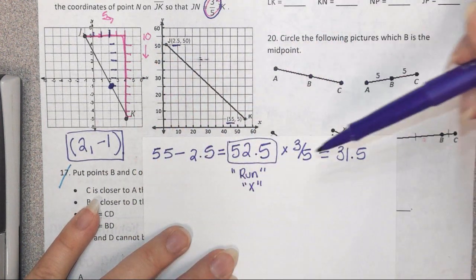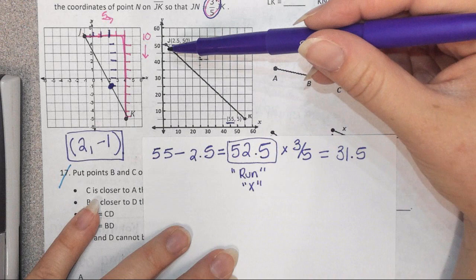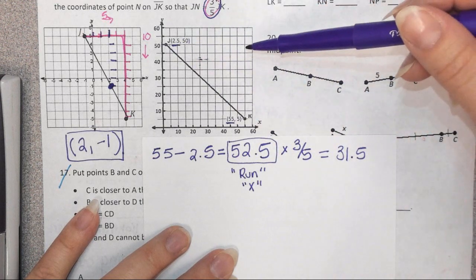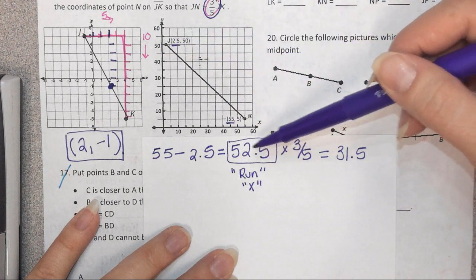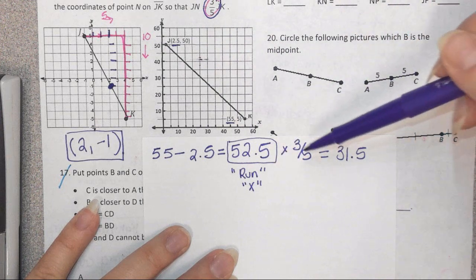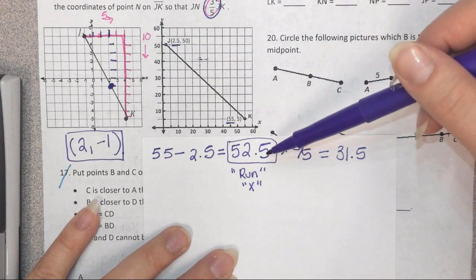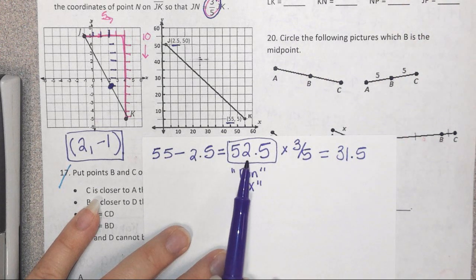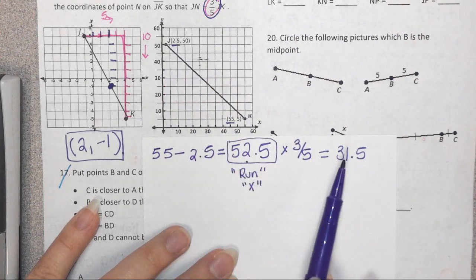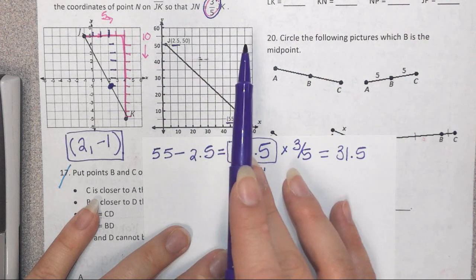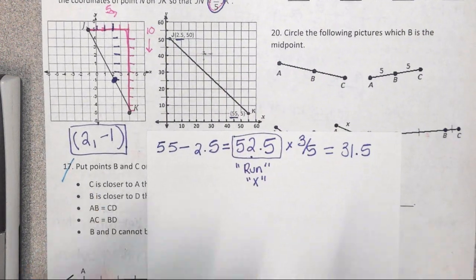So originally what this is telling us is that from 2.5 to 55, the run is 52.5. But when we multiply that by our fraction, what that tells us is that now, instead of going the length of this horizontally, we're going to go the length of 31.5 horizontally.